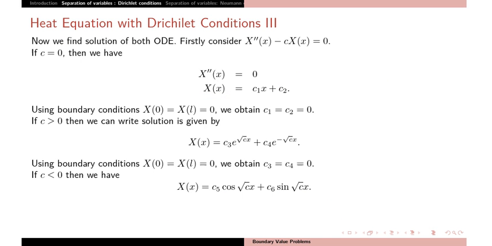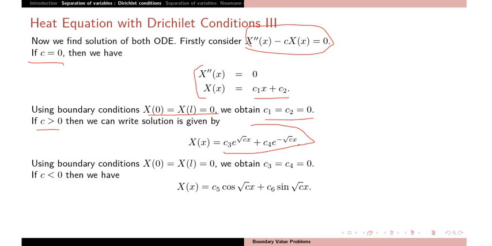So firstly you solve this ODE in x. I take three cases. If c is 0, you get this solution. Using boundary conditions, you get both C1, C2 equal to 0, so only the trivial solution. If c is positive, the solution is in exponential form, so you get two different real roots, root c and minus root c.